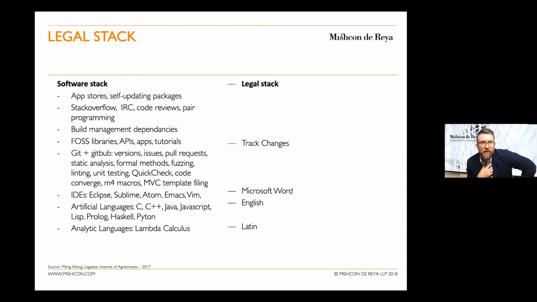Again, this is not quite true, but to motivate thinking about how we might build better parts of a legal system, there's a lot on the left-hand side that can motivate us to put something in place that has advantages over where we are now.